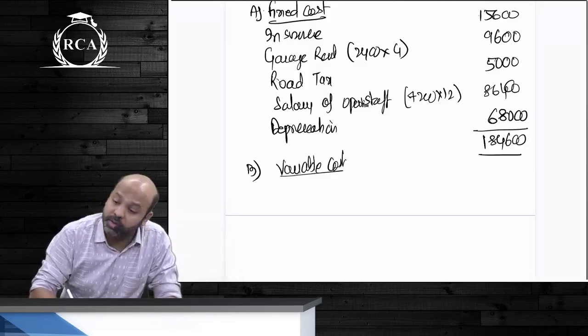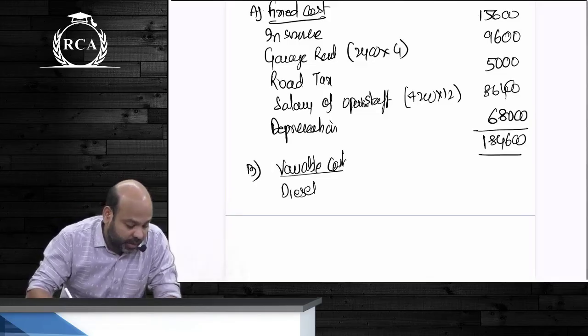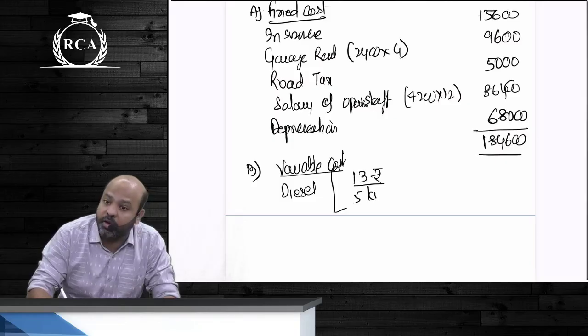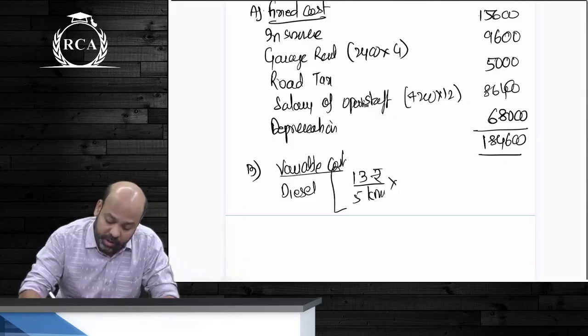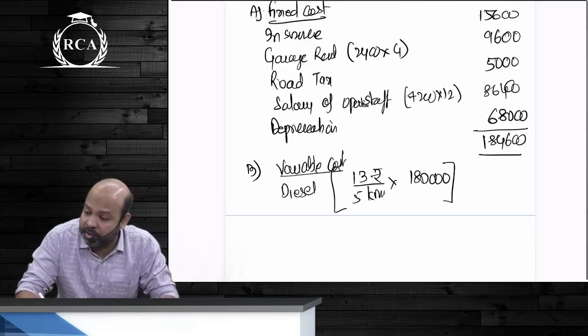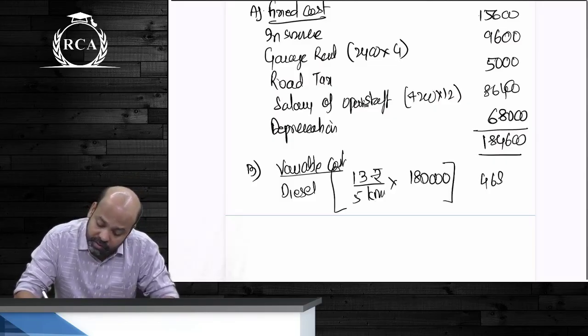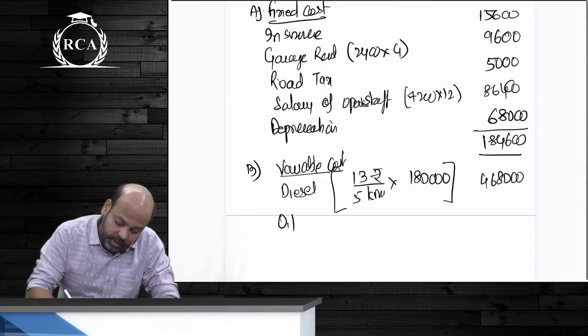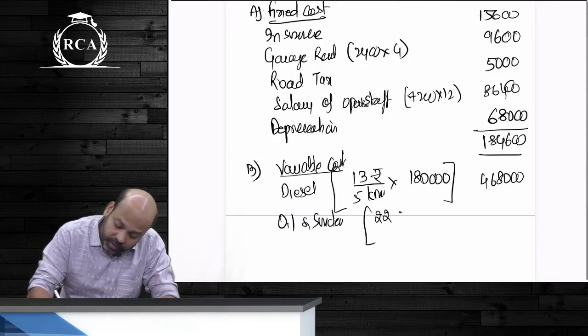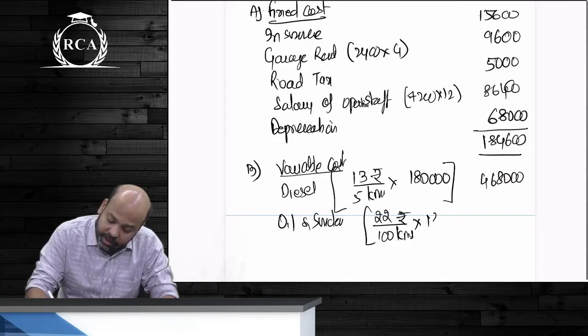Done. Diesel, the question says it is 13 rupees per liter, and that liter will give us 5 kilometers mileage, multiplied by the distance of 1,80,000 kilometers. How much will that be? 4,60,000. Oil and sundries, the question says it is 22 rupees for 100 kilometers. 22 rupees divided by 100 kilometers multiplied by 1,80,000 kilometers.